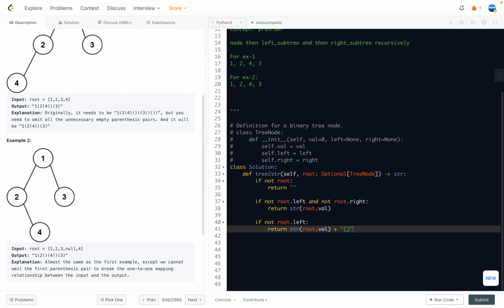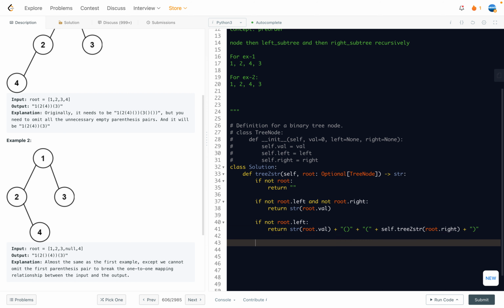And then we do the traversal for the corresponding right subtree, that is root right. But we need to manually do something like this: left parentheses plus this one, then plus right parentheses.